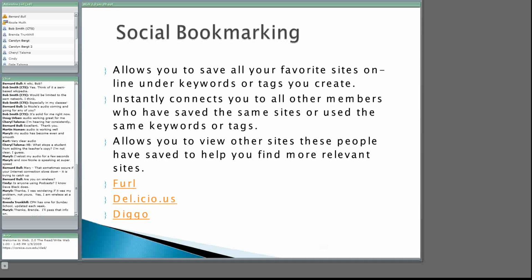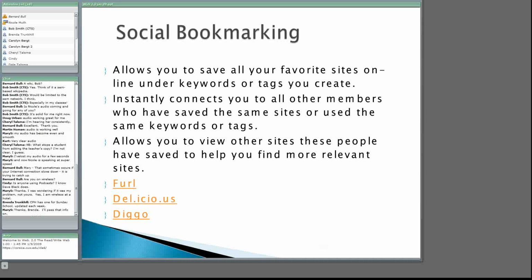You can't change their sites. You can't get in and edit them or anything, but you can see what other things they have saved using that same keyword or just other things they've saved in general. So it allows you to connect with other people that have the same interests as you or that are looking for the same types of information.